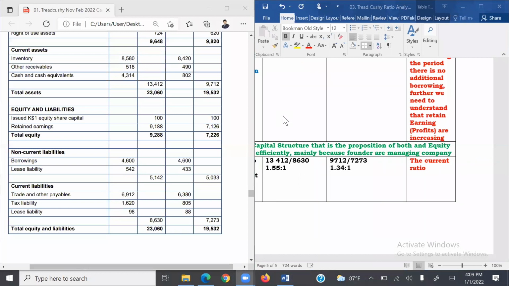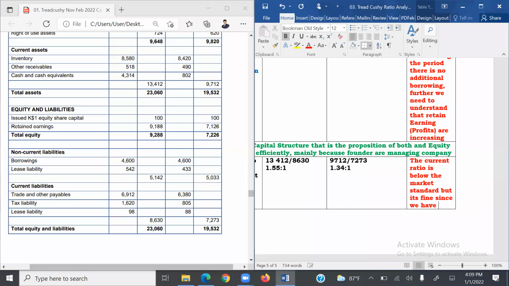The current ratio is below the market standard, but it's okay, it's fine, since we have digital platforms, students. In other words, it's okay.